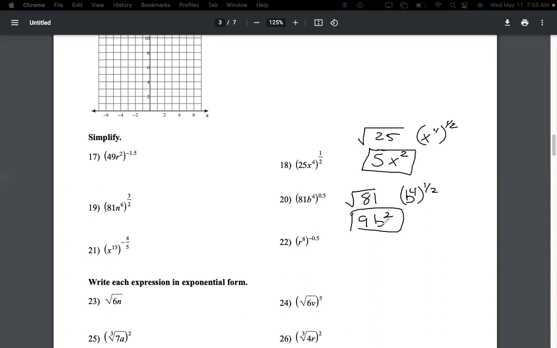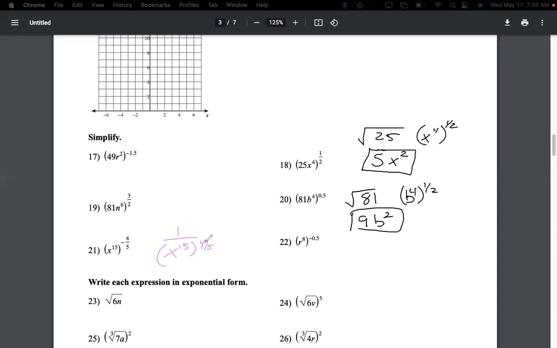All right, 21 brings back that negative exponent. So on 21, if we have a negative exponent, we automatically go ahead and flip it. And now we're going to take the exponent and multiply it times this exponent out here.